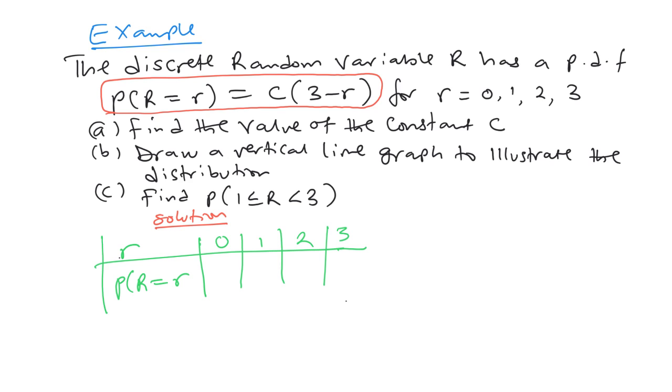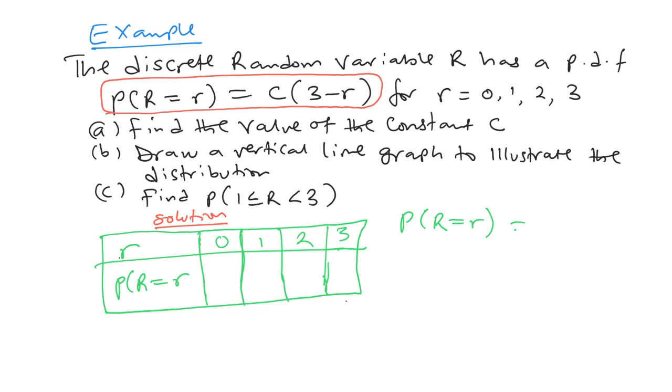These are the values. So what do we have for 0, for 1, for 2, and for 3? Remember the formula: the probability of capital R equal to r is C into 3 minus r, where r is 0, 1, 2, or 3. So when it is 0, 3 minus 0 is 3, so this is 3C. When it is 1, it is 2C. Here it is C, and here it will be 0.